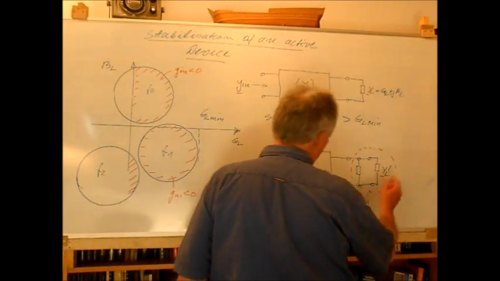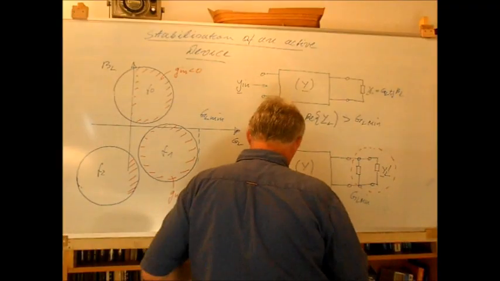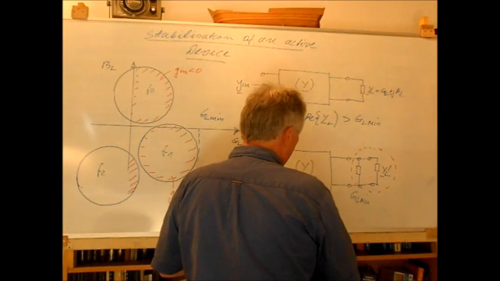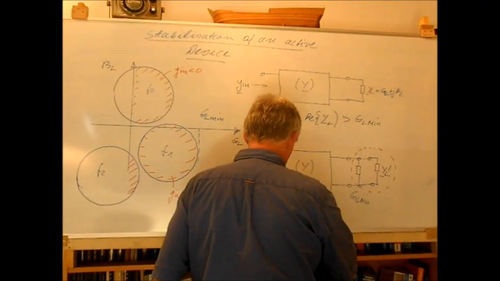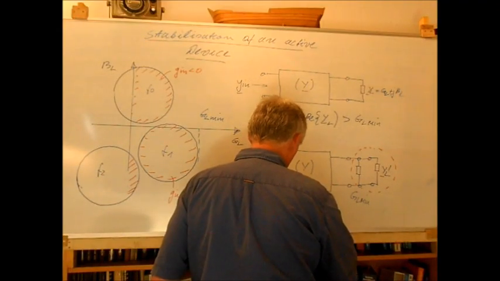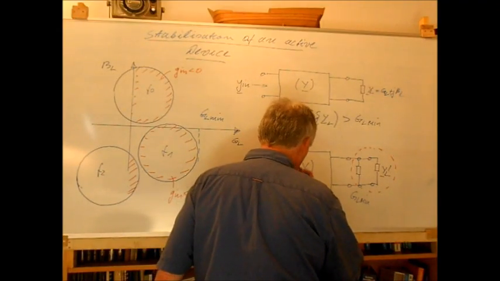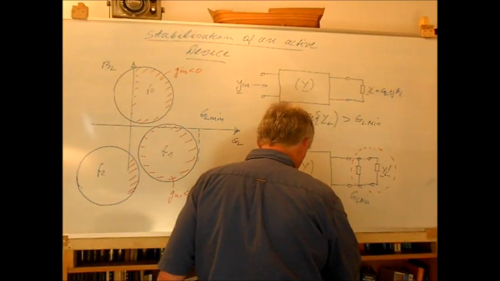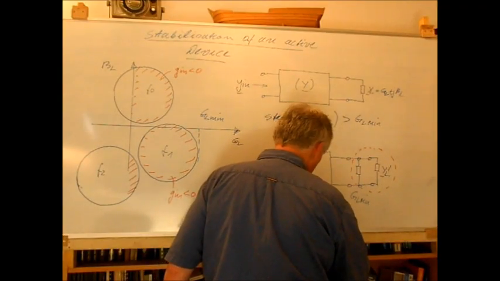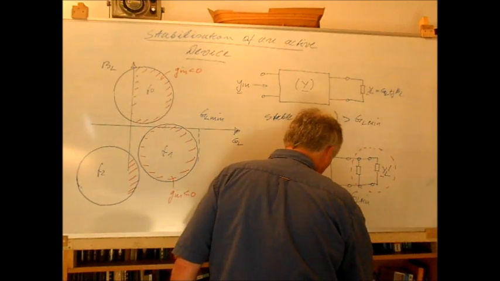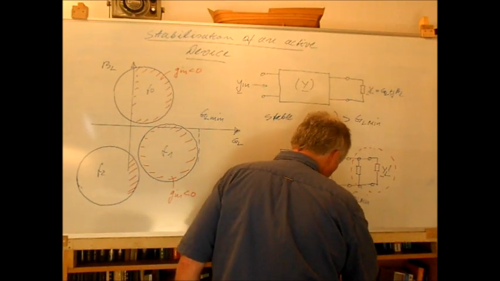This means now for our load admittance prime, we would have that the real part of the load admittance prime must be just greater equal to 1.